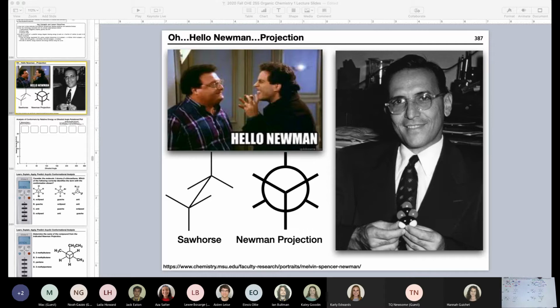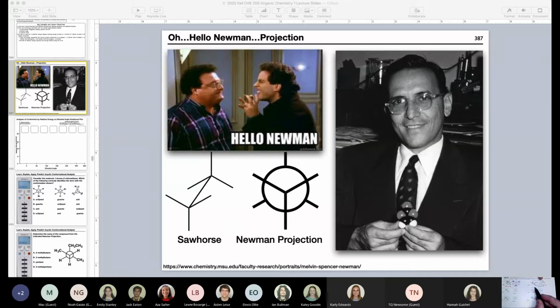Okay, so let's recall that when we have just a regular bond like this, see this backbone? That's the butane backbone, right? As we've drawn it, it is in the plane of this paper. Your eyeball is looking at this orthogonal to the plane of the paper, right?